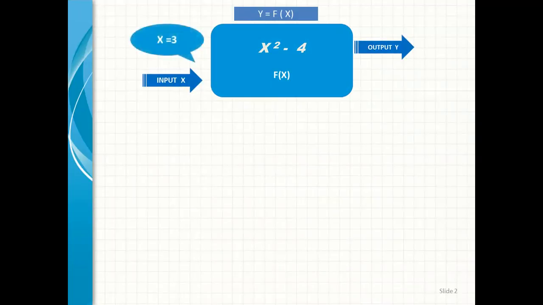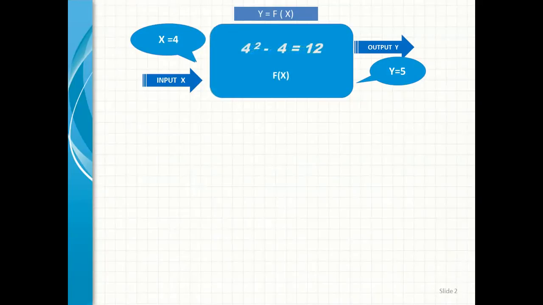This value of x is processed in this equation, 3 squared minus 4, and I get the output y as 5. I put x equal to 4. Now 4 is processed, so it becomes 4 squared minus 4, and I get the output y equal to 12.